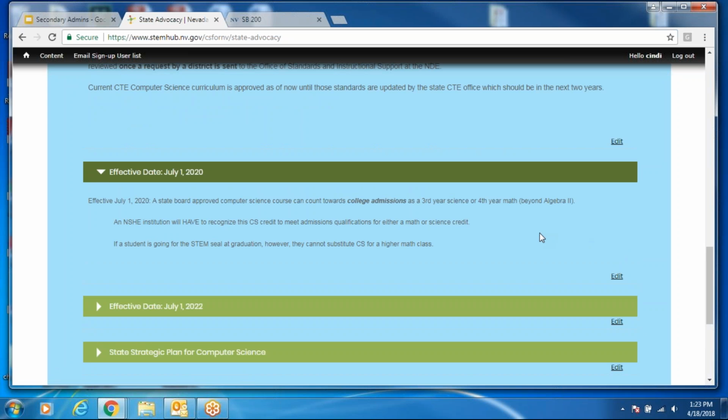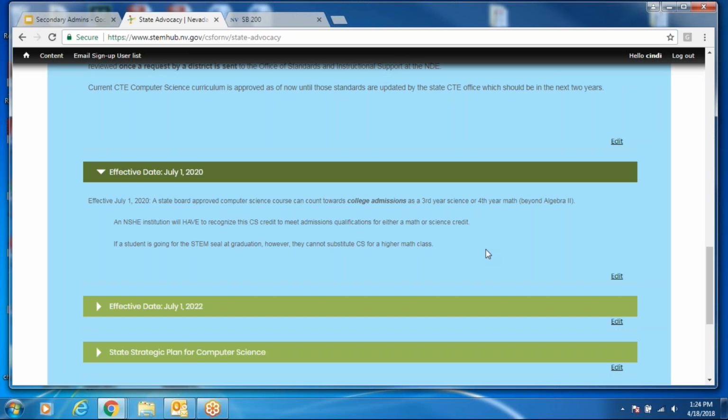Effective in 2020, the State Board will approve a computer science course that can count towards college admissions as a third-year science and fourth-year math beyond Algebra 2. So the NSHE institutions, the higher ed institutions, will have to recognize the CS credit to meet admission qualifications for either math or science at that time. However, if a student is going for the STEM seal at graduation, they cannot substitute computer science for a higher math class.